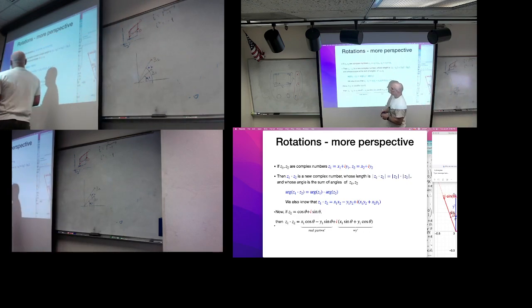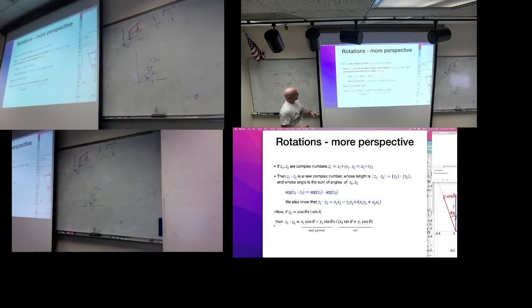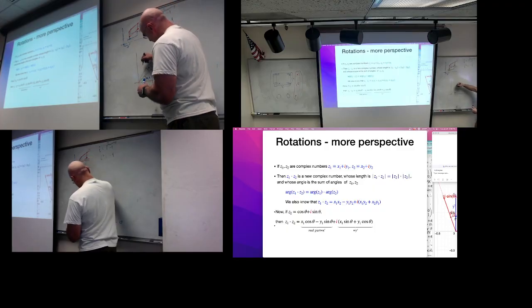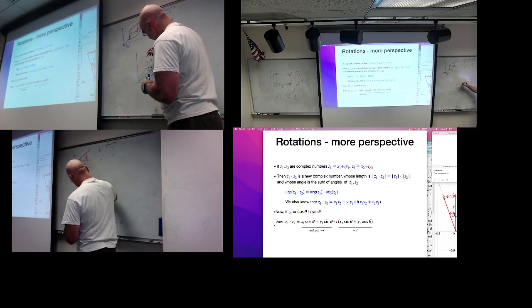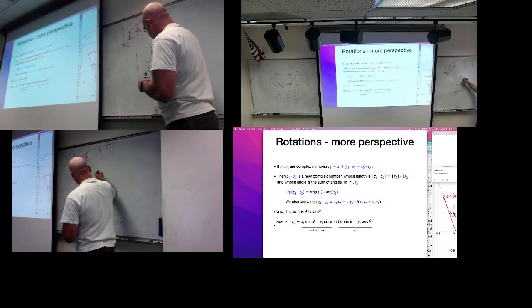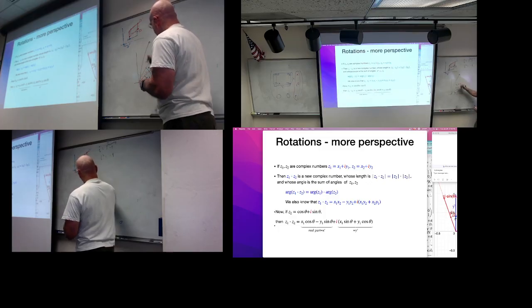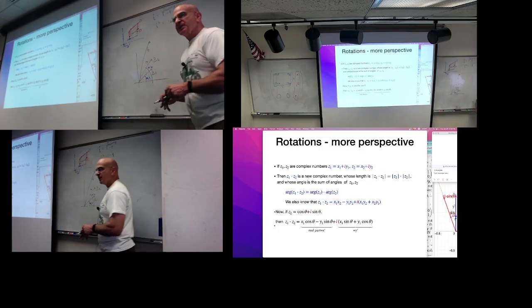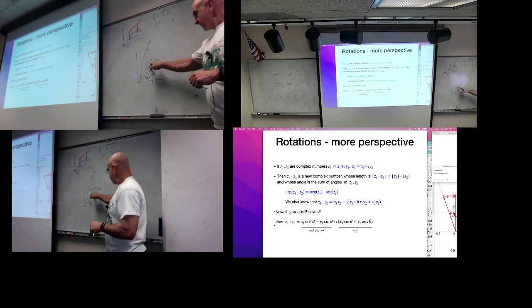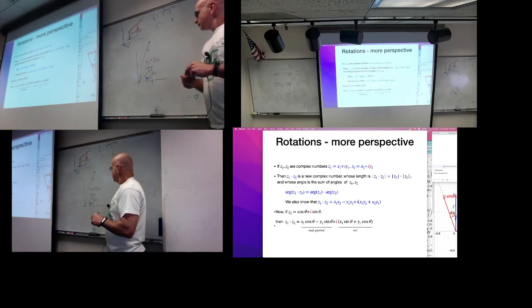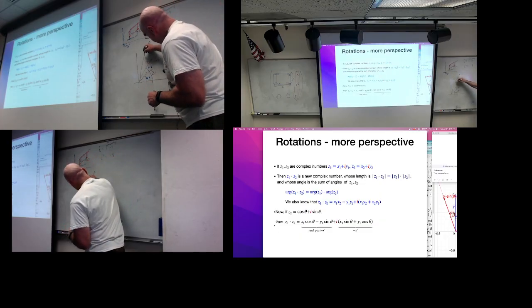Then the length of this vector, how far away the point is from the origin, for Z1 times Z2: if the length of this one is 3, the length of this one is 2, then Z1 times Z2, its distance from the origin will be 6, and it's probably not exactly here. Why 6? Because it takes the length of Z1 times the length of Z2. What is the angle that it creates?